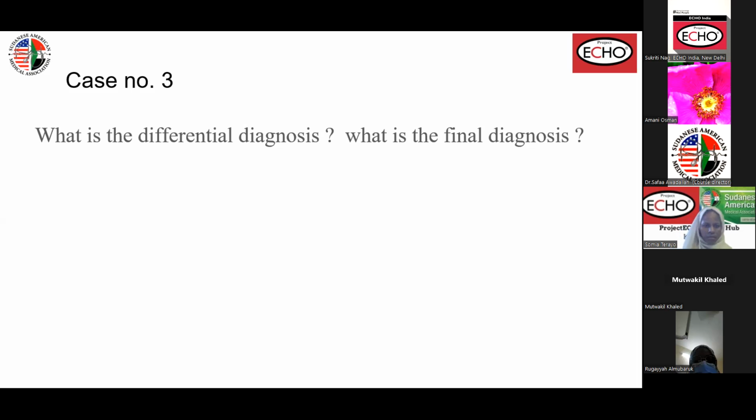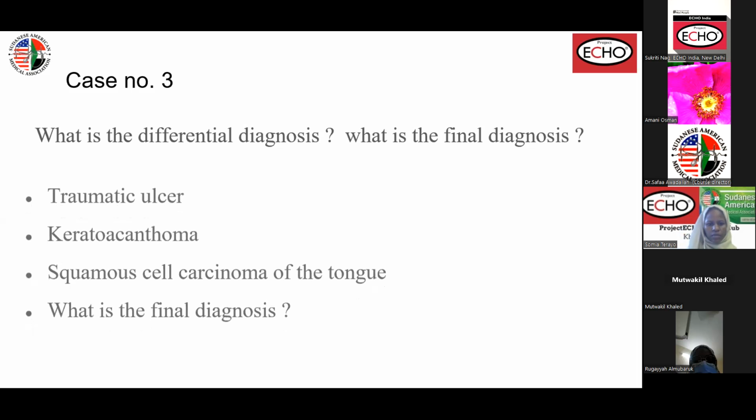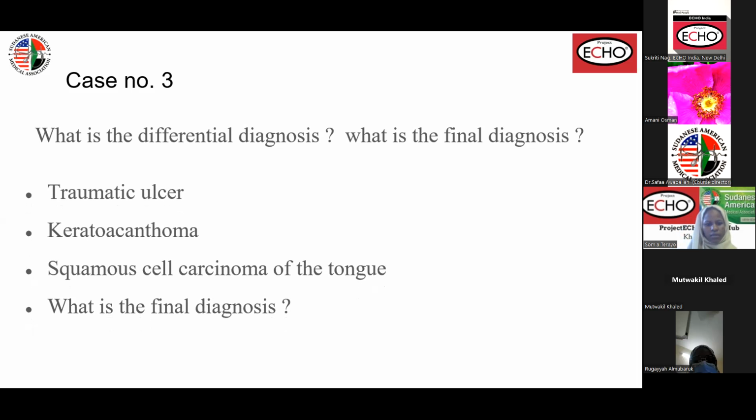Let's look at some differential diagnoses. So traumatic ulcer. The location is a very highly exposed area of the tongue that might be traumatized by chewing, by a sharp edge of tooth, or some similar conditions.